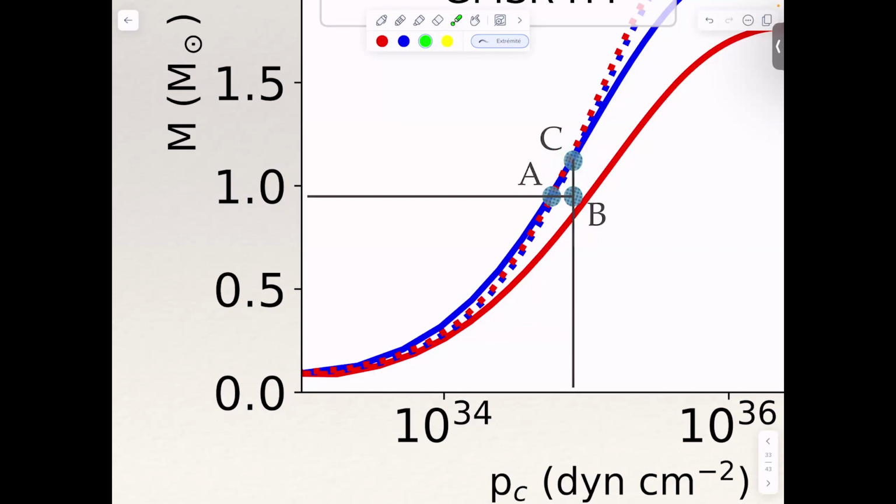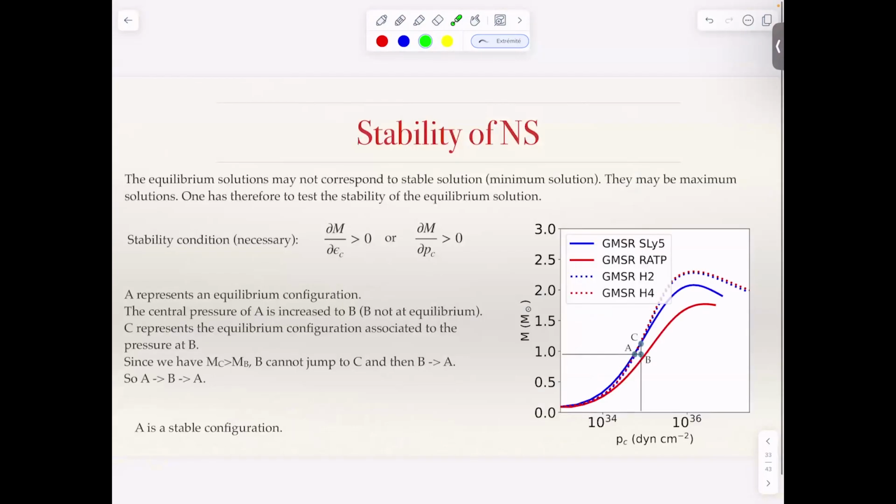So the system cannot go to C. If you were able to jump to C, it would jump to C because it is an equilibrium solution, but it cannot because the mass is larger, and therefore it will go back to A. So in this way, you see that when my mass increases as a function of the pressure, I am in a stable configuration.